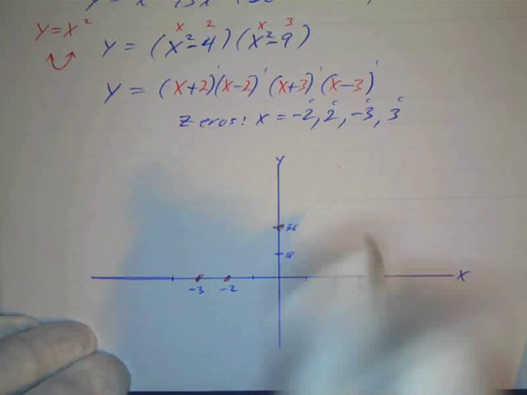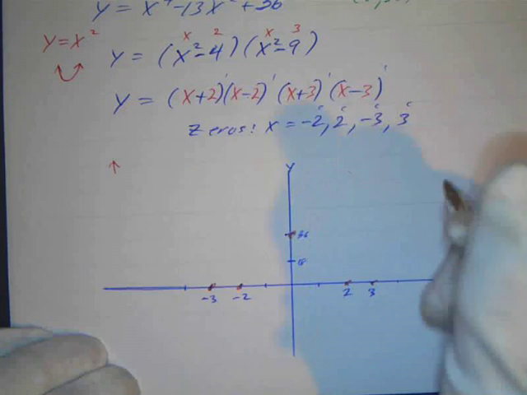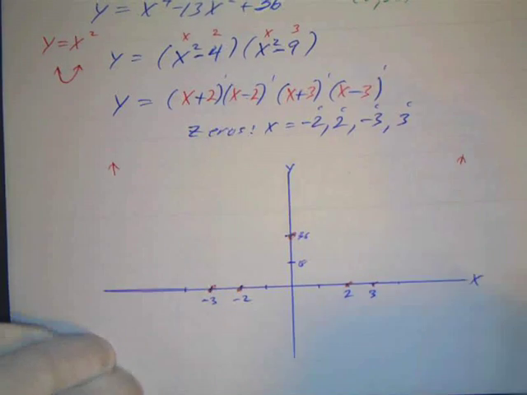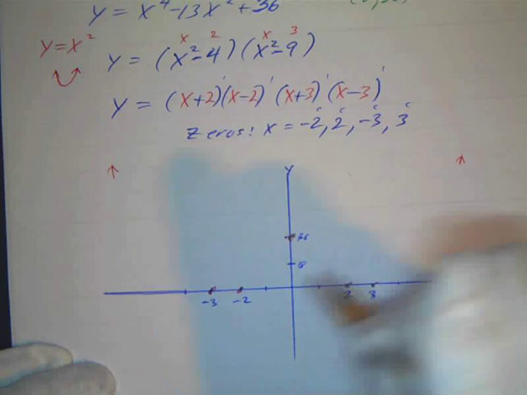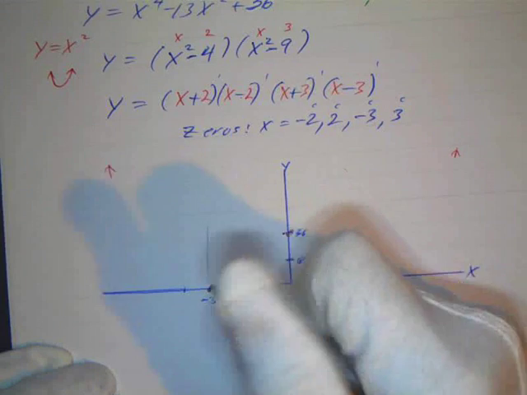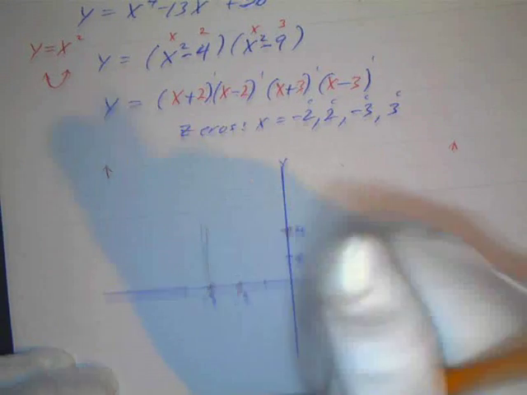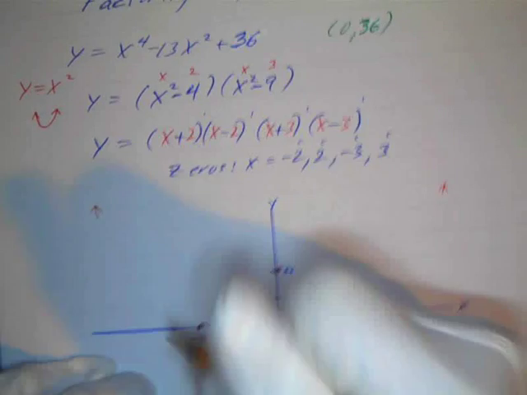And my intercept. And my end behavior is like this, so it's going to be coming from here and going to there. And get out my pencil. So it's going to come down here. See, that's why we use a pencil, so we can mess up a little bit.